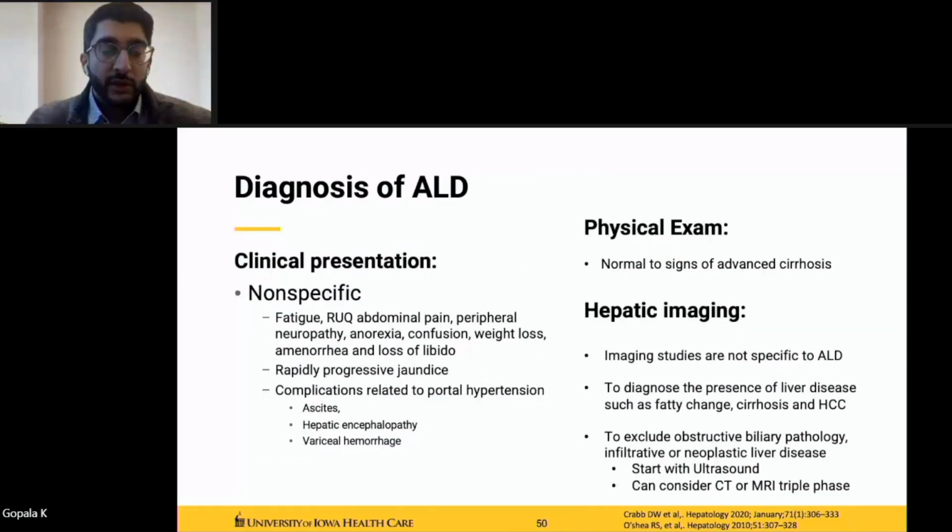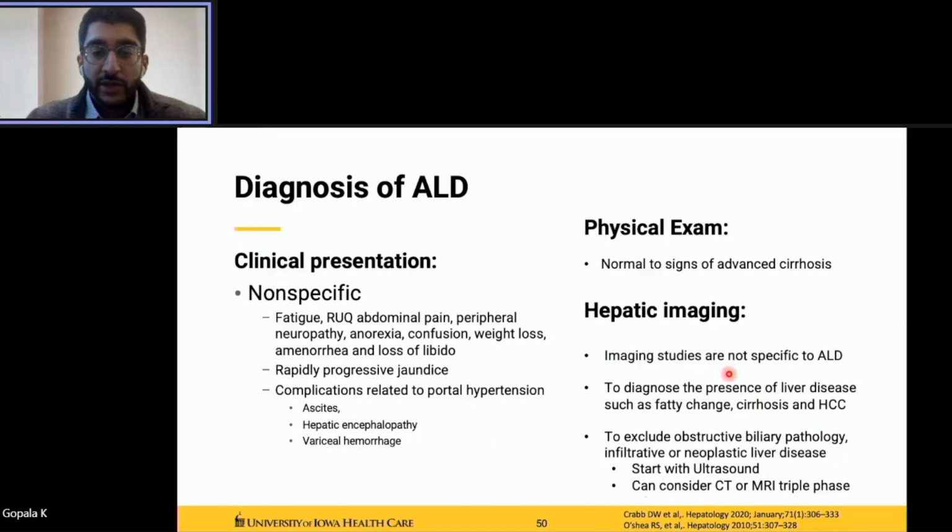So, the presentation of alcohol liver disease is very varied. It can be nonspecific, just patients feeling fatigued and having weight loss or some mild right upper quadrant pain, to as severe as progressive jaundice and signs of portal hypertension with ascites and variceal bleeding.